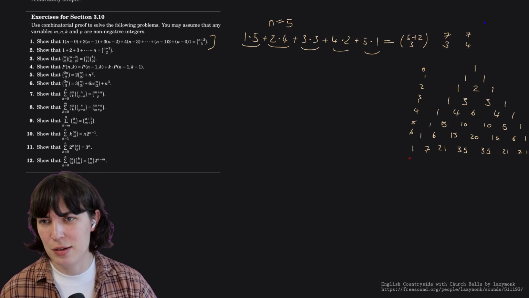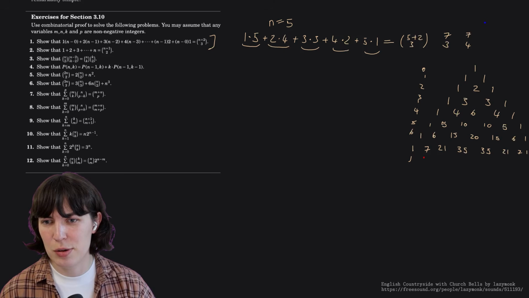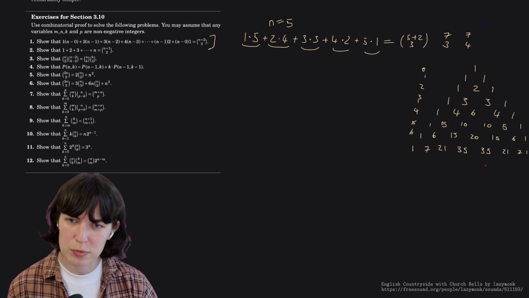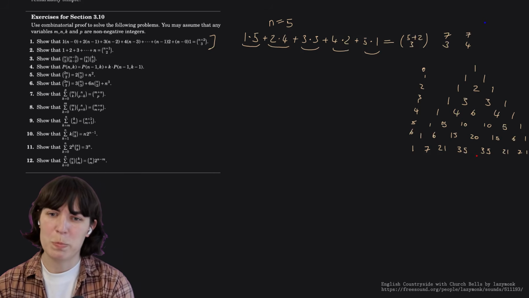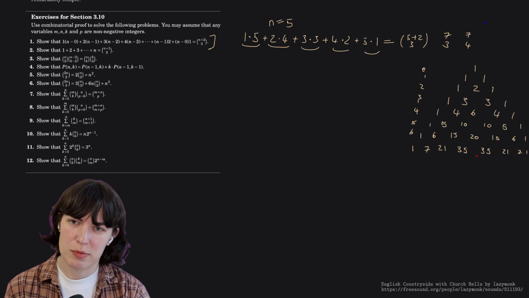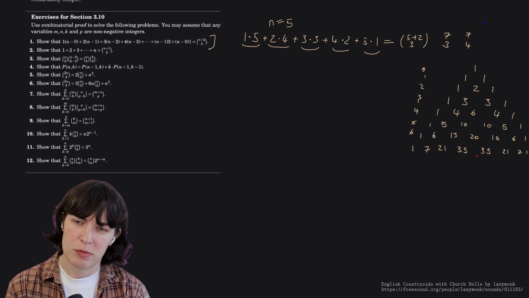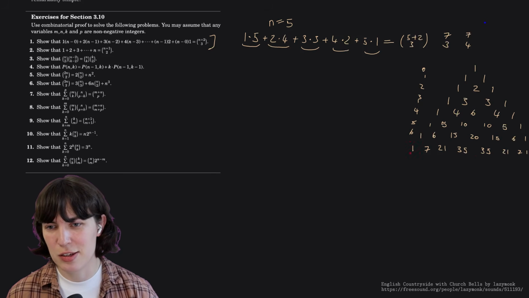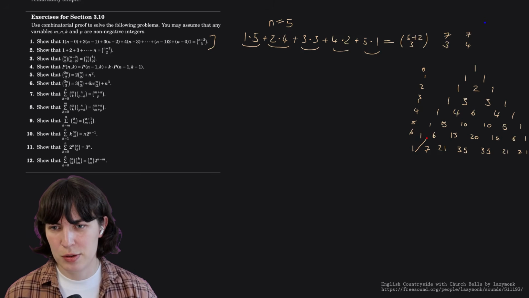So this would be 7 choose 0, 1, 2, 3, 4. Also noticing, obviously, this tells you what row you're on, right?